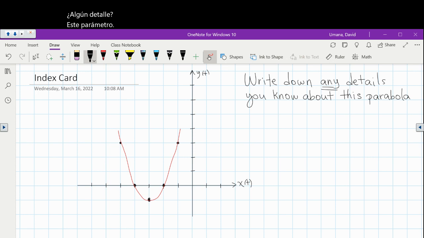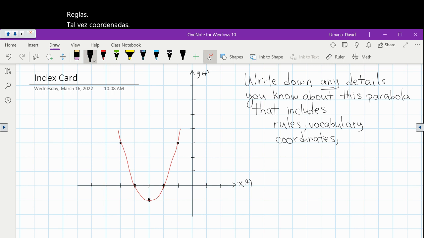Now, that includes rules, vocabulary, maybe coordinates, etc. So any information that you know, that you look at this and you think, okay, I know what this means, I know what this means, I know what this means, see if you can put it in there.